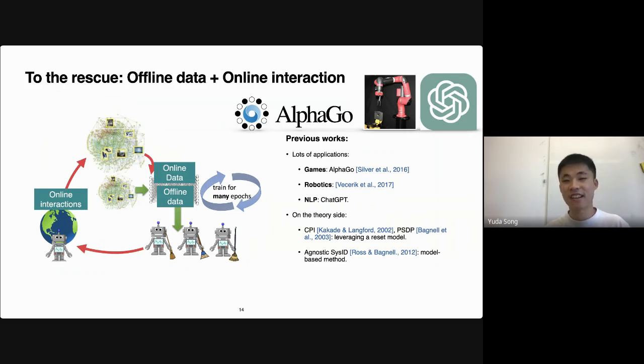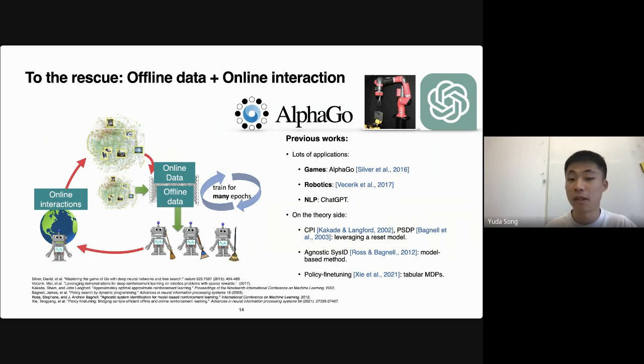So I don't have a great way to categorize this, but there are already previous model-based works in this setting. And also Tengyang and Nan have a nice paper in this offline plus online setting in the tabular case, which also provides a lower bound.